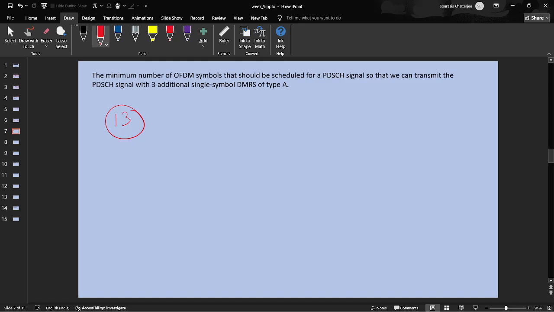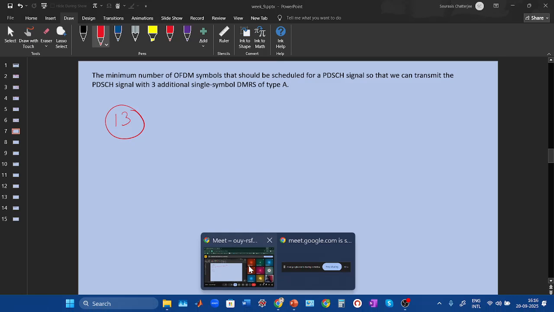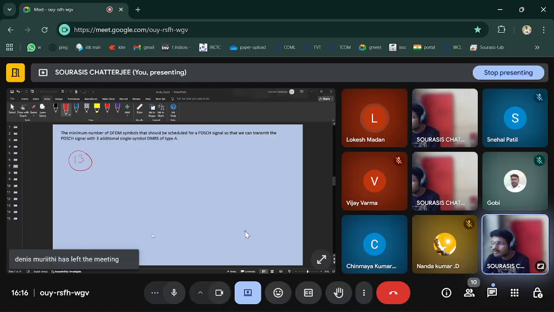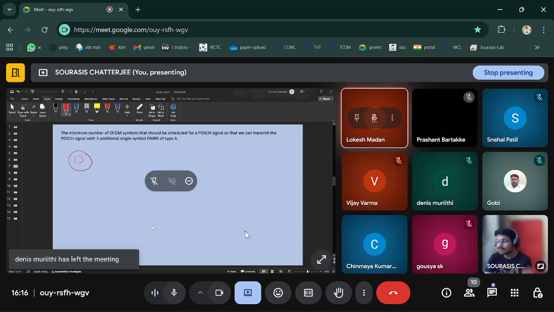Yeah, but those are the positions of DMRS, right? Can I share my desktop? Yeah, sure. I want to refer to the table.